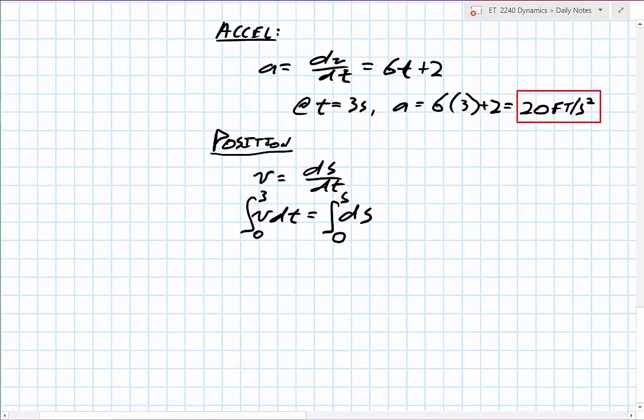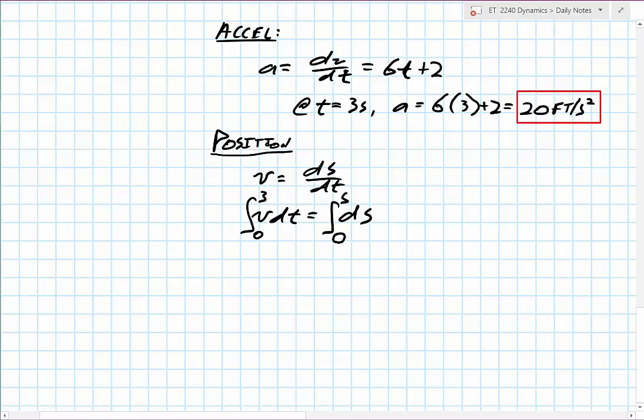So with that in mind, I can do the integration, and it isn't too bad. I'm going to put this to the other side just to make it a little cleaner. The integral from 0 to s of ds is equal to the integral from 0 to 3, just flipping sides, putting in my equation for v, which is 3t squared plus 2t dt.